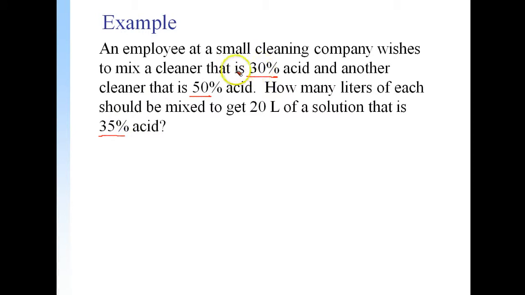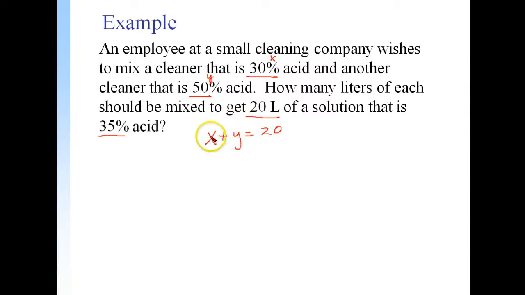So 30's there, 50's there. We want something toward the middle. Mix some of this with some of this. And we want to end up with 20 liters. So again, we can use X and Y, by the way. X will be our 30%. Y will be our 50%. And the amount of 30% plus the amount of 50% will be 20 liters. There's our first equation. Very similar to what we've done before.